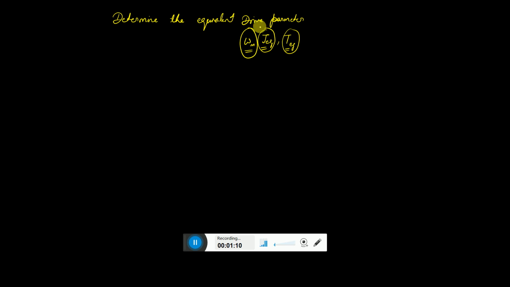So determine the equivalent drive parameters for translational motion, a translational load. How does it look if I draw the diagram? Let us say you have a motor. This motor is attached with a coupling.